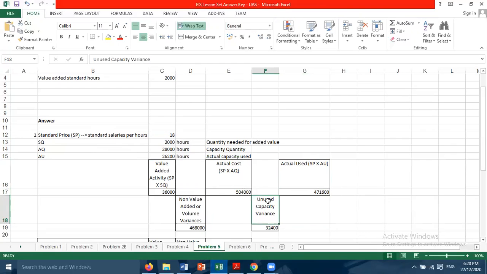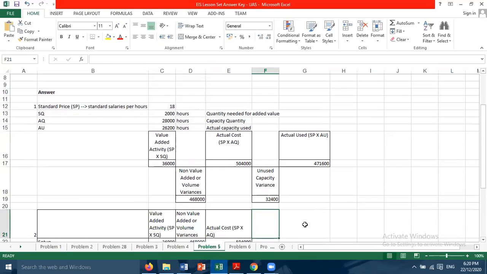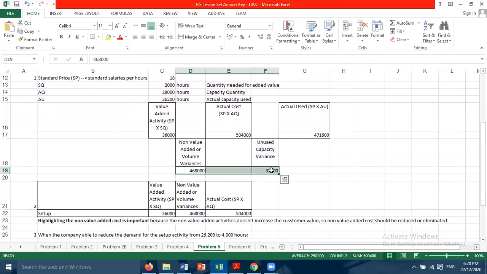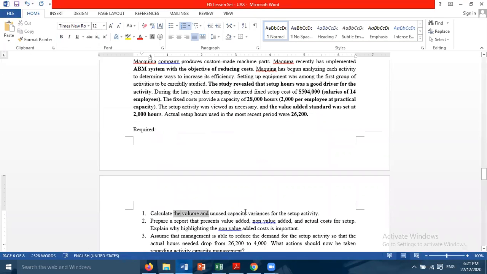Now, this would be the unused capacity variance, which is practically the cost incurred to capacity which we actually do not use. Right, so that's the answer for the first number, which is the volume and unused capacity variance.